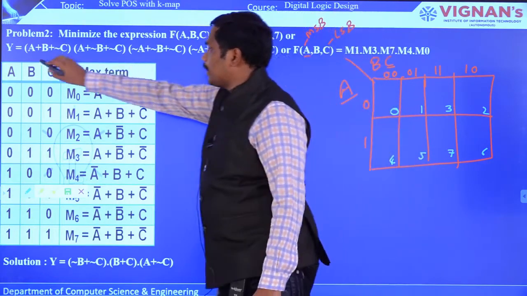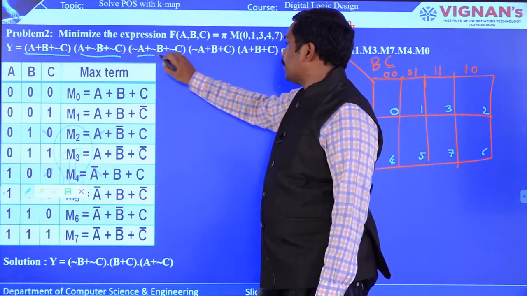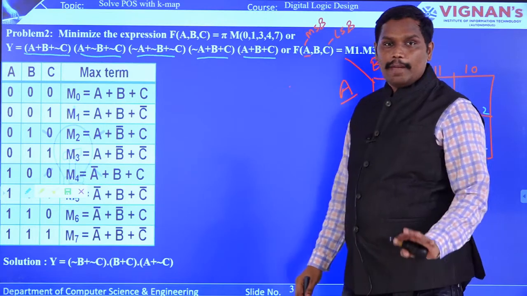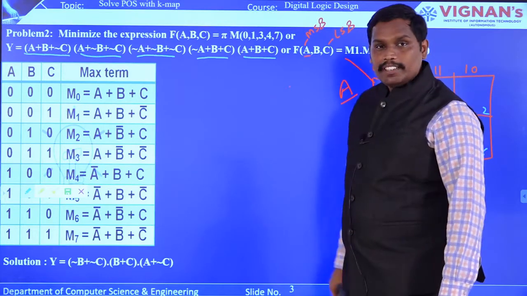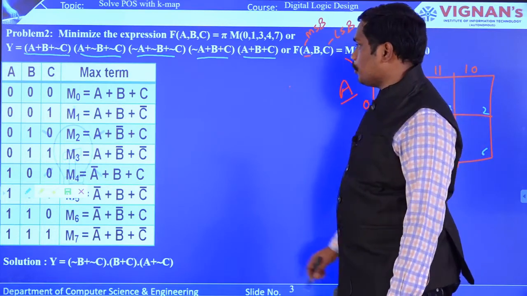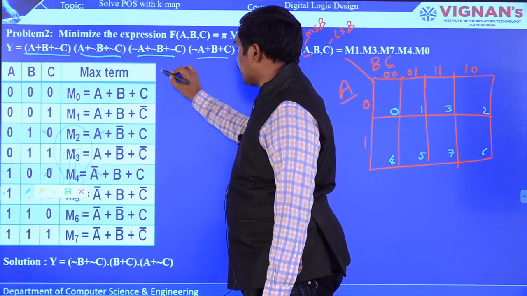So now you see the first max term, second max term, third max term, fourth max term and fifth max term, right? So there are 5 max terms, and when the POS is given, you have to fill the Karnaugh map with zeros. So I'm writing the expression again.